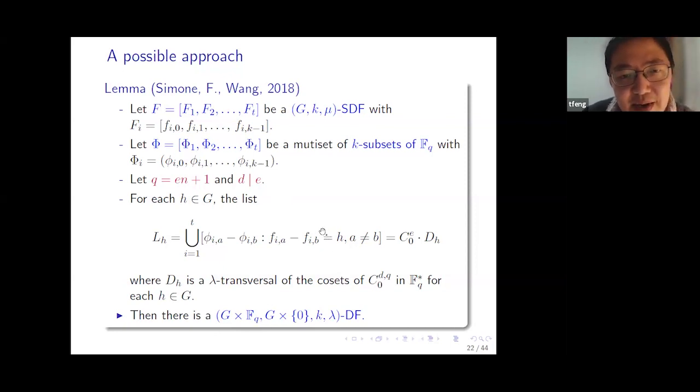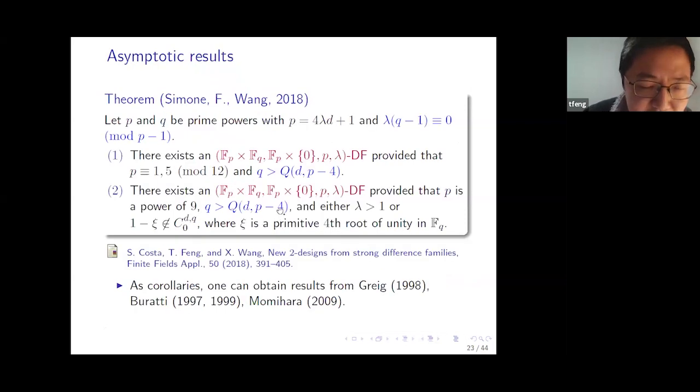Anyway, in this slide, I just list a possible approach. There are many other similar approaches, but the basic idea is the same. First construct a strong difference family, and then the second coordinate satisfies some conditions. We can use this simple idea to get many asymptotic results.